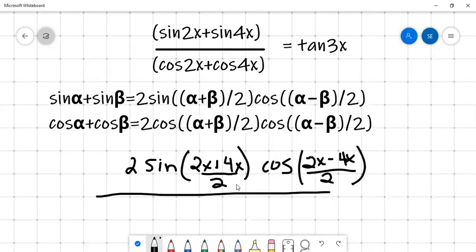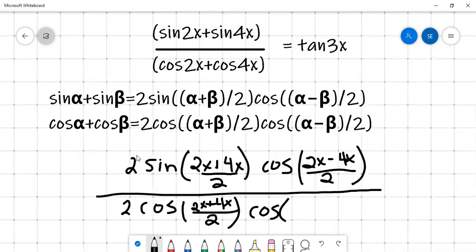Our denominator is going to be cosine plus cosine, so we're using this bottom formula. This is going to be 2 cosine of alpha plus beta over 2, so 2x plus 4x divided by 2, and then cosine of alpha minus beta over 2, again 2x minus 4x over 2.